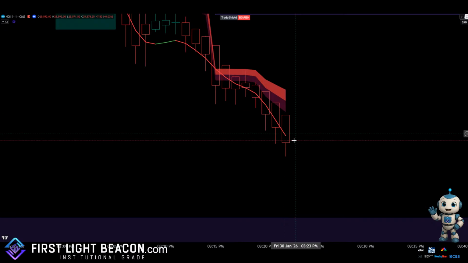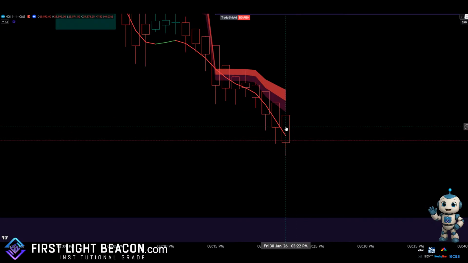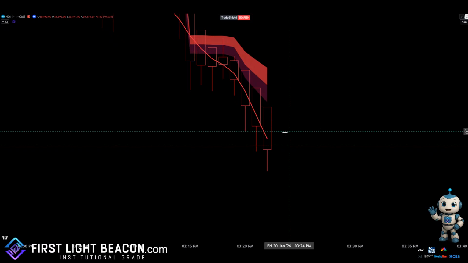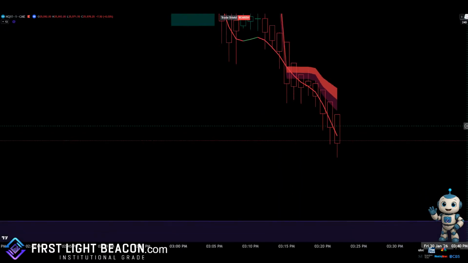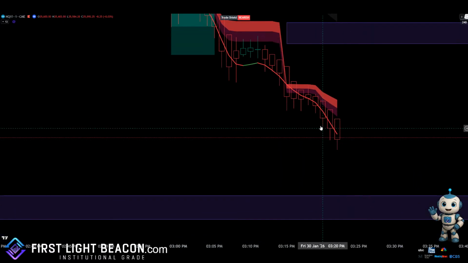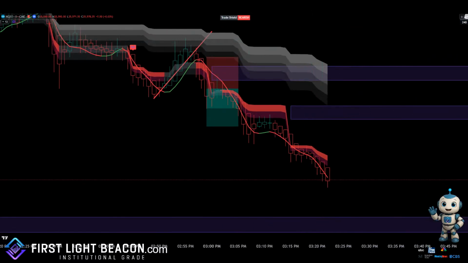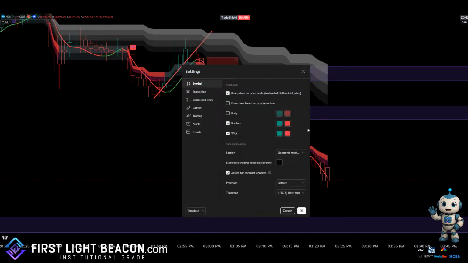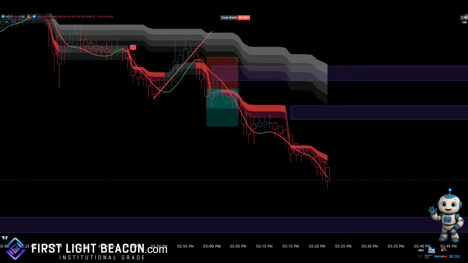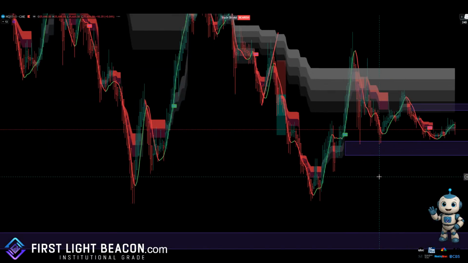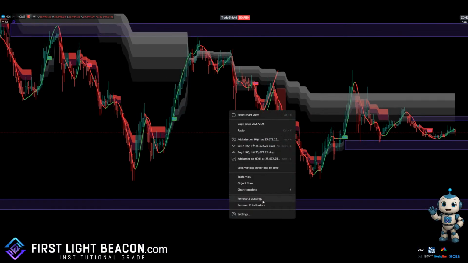Don't take that candle, right? Wait for the line to be below 50% of the candle on a Heiken Ashi chart, and you'll get a better entry, and you won't get tricked on a flip or something. So that's how I use Heiken Ashi. A lot of people don't know about this little setting. Just turn on real prices on price scale when you have Heiken Ashi charts on, because Heiken Ashi is extremely powerful for seeing momentum shifts.